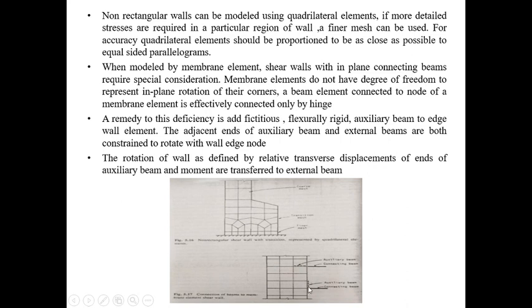The adjacent ends of the auxiliary beam and the external beams are both constrained against rotation with the wall at the edge node. The rotation of the wall, as defined by the transverse displacements at the ends of the auxiliary beam, and moment are transferred to the external beam.